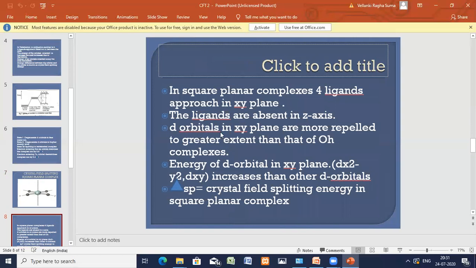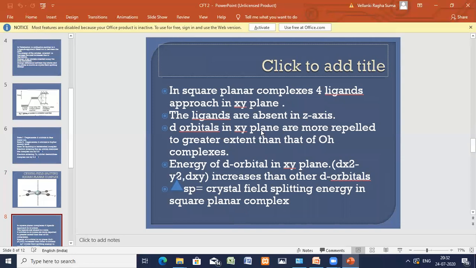D orbitals in the xy plane are more repelled. Okay? It is not the T2G set, it is not the EG set. The division is the same, but the xy plane orbitals are more repelled.